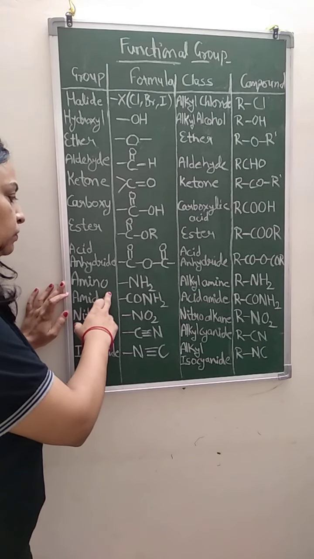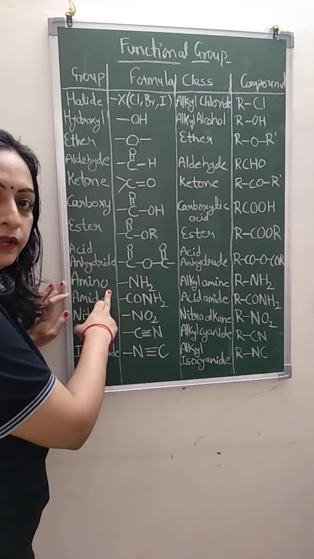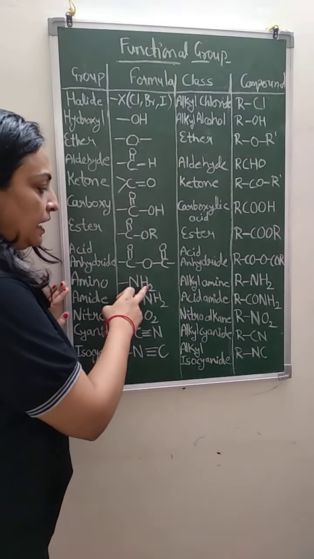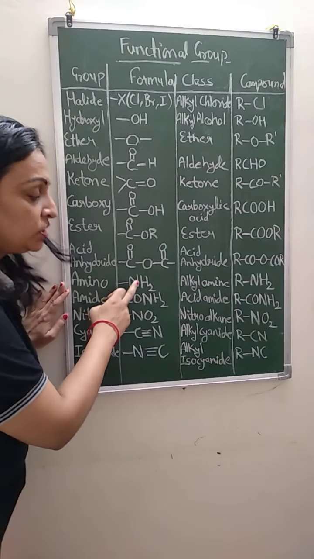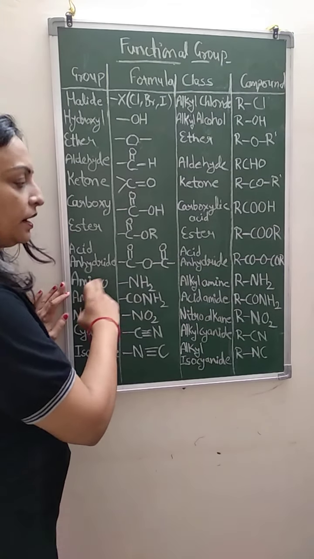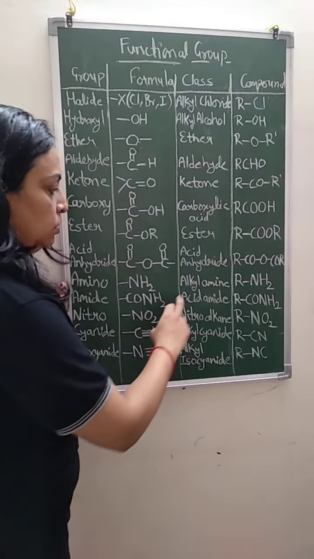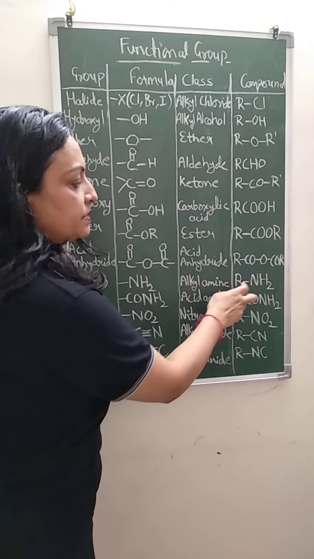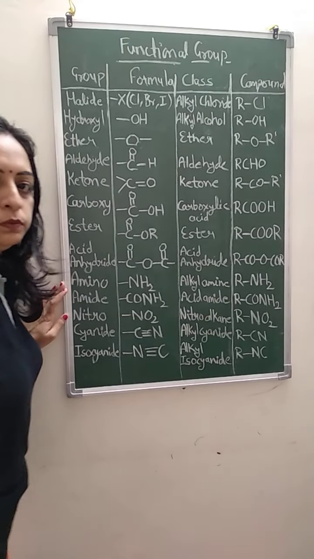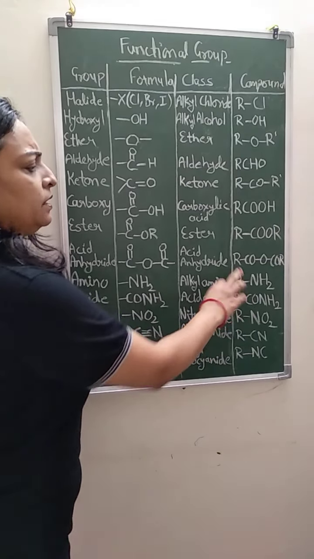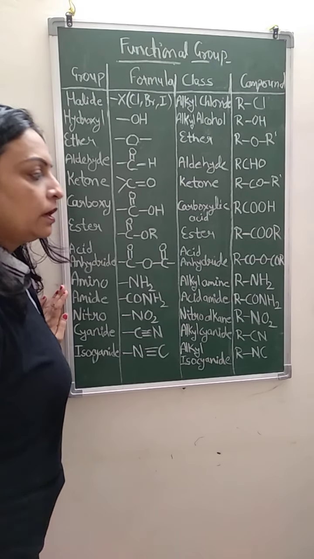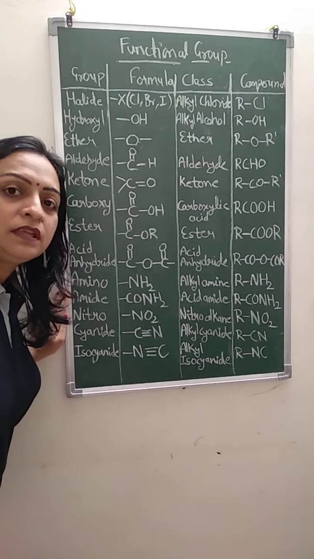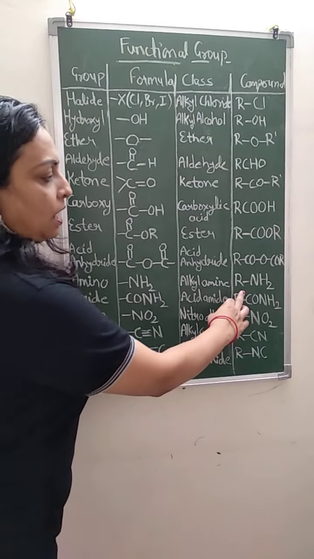Now next is amino. Amino is a functional group represented by N, a vacant position, and H. This NH amino group attaches to another radical. Its class name is alkyl amine, represented by RNH2. Suppose here R is methyl, then its name would be methylamine. Suppose this R is ethyl, then its name would be ethylamine.